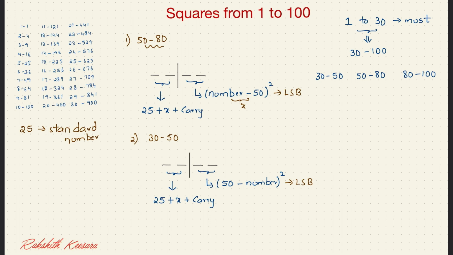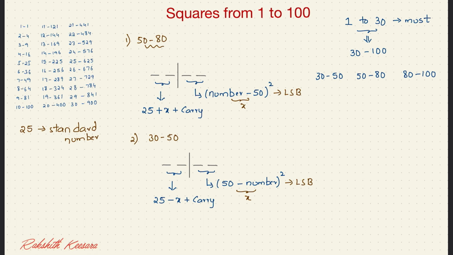Next, instead of 25 plus x, you need to do 25 minus x, if this number is x. And if there is any carry, you need to still add it, not subtract. Remember that. So this is for 30 to 50.